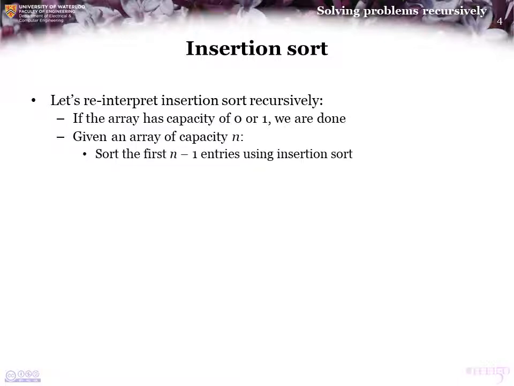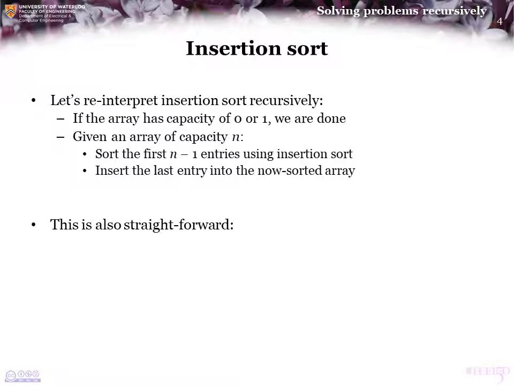So let's first recursively sort the first n minus 1 entries, again using insertion sort, and then we will insert the last entry into the now sorted array of n minus 1 entries. All right, straightforward enough.